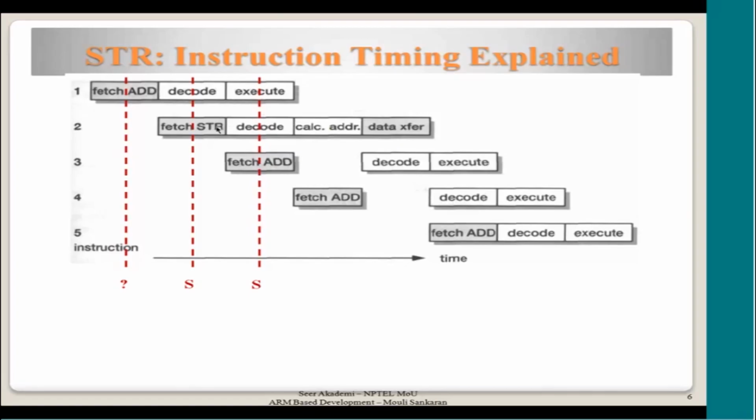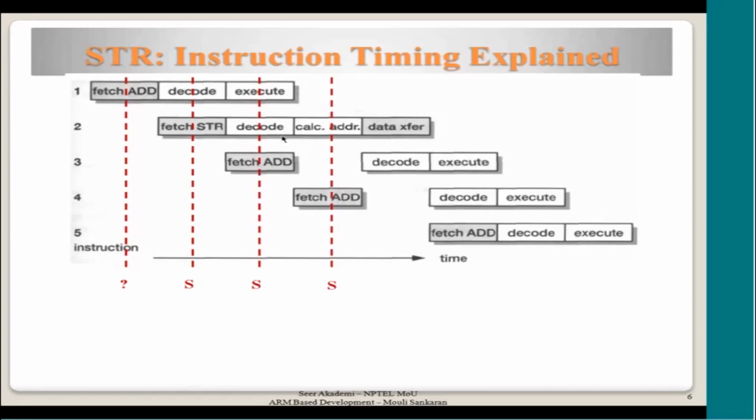So decode is busy with our STR instruction itself. So now the fetch is coming here for the new instruction, because there is one more instruction which can come in. Now this is also going to take S.